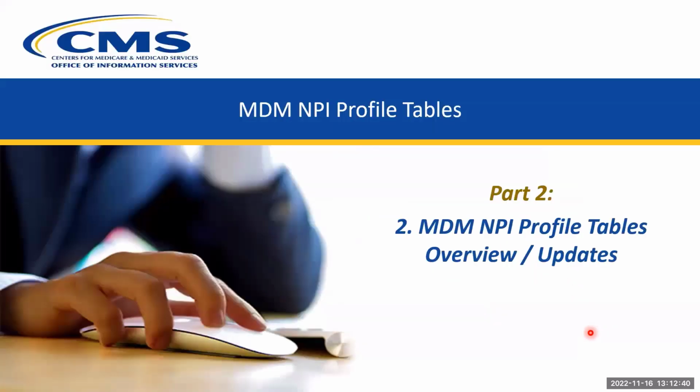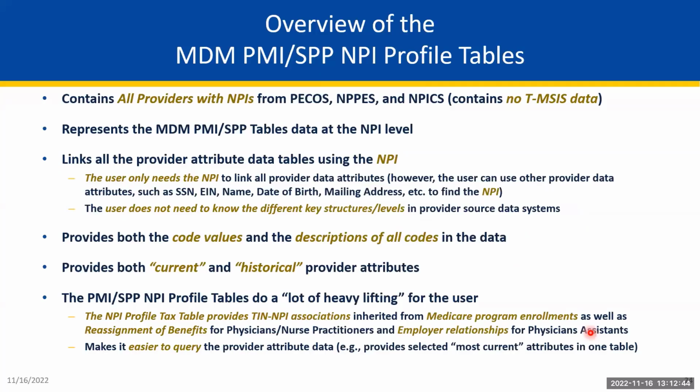Now, in part 2, we'll move on to the NPI profile tables. The NPI profile tables have no Medicaid data currently. We have data coming from PECOS, NPES, and NPICS, and each table represents the data at the NPI level. What that means is, having an NPI, you can query any of the NPI profile tables by joining using the NPI as an identifier.